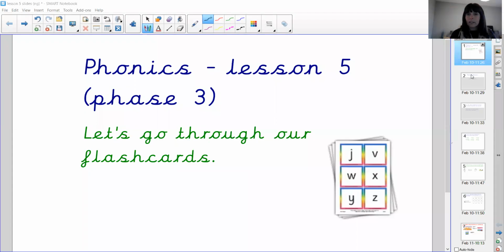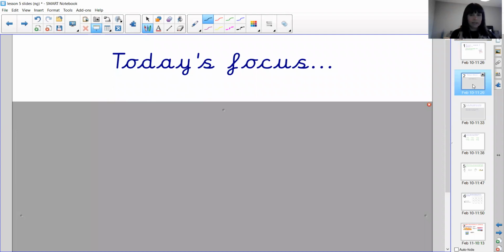So, lesson 5. So we've got a new focus sound for today, and you might have seen it snuck in there at the end. Sometimes we make the mistake, when we're looking at that digraph, of making the sound ng, but we need to be careful to not have that g sound at the end.